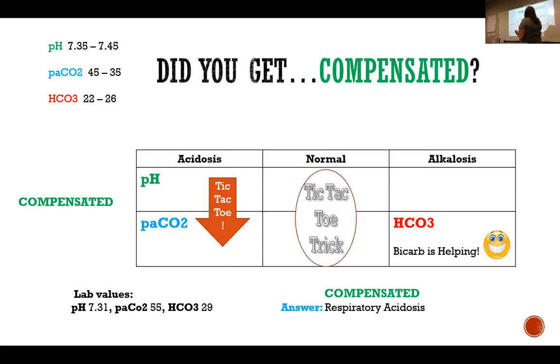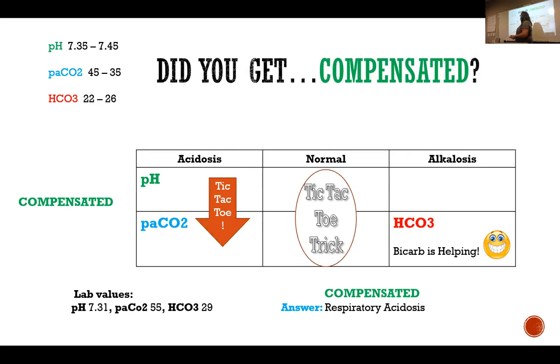Okay, did you get this? Where does the pH go? Because we look at our levels and we know it's in the acid level. It's not normal. And then what about our PaCO2, which reflects what status? Respiratory, our lungs, right? It's 55.